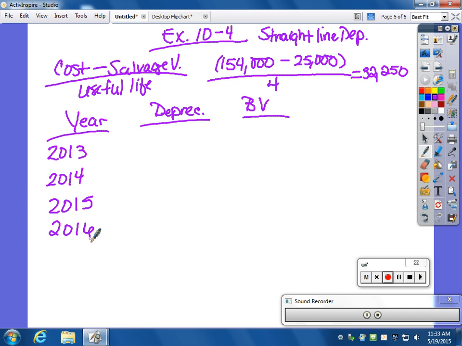So, what was the annual depreciation amount? 32,250. So every year we know that it's going to be depreciated $32,250. That doesn't change, right? Because it's straight line.